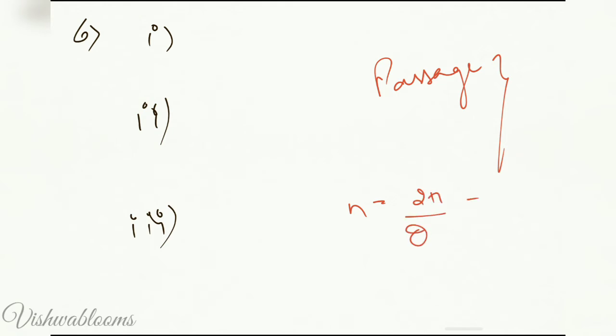Now the sixth one, it's a passage type of question. Read the passage carefully to answer the question. If two plane mirrors are kept at an angle theta with each other, then the number of images of a point object kept between these two will be n is equal to 2 pi by theta minus 1 if 2 pi by theta is even.